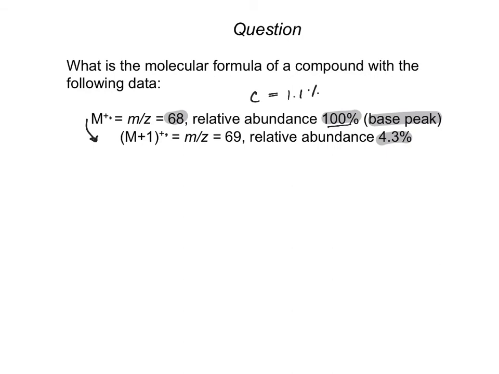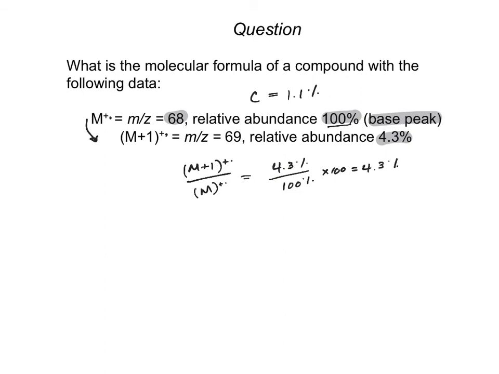But at this point, we can see it immediately. If we take the ratio of the M plus 1 peak relative to the molecular ion peak, since the molecular ion peak is the actual base peak, this ends up just being 4.3% divided by 100 times 100, which just gives us overall 4.3%.